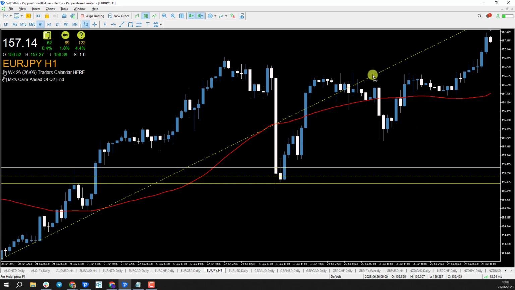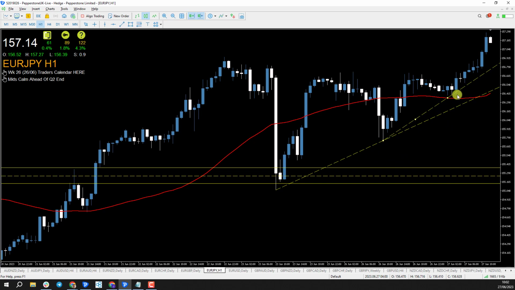Now, what we do have to look out for is what price is doing now. How could we potentially enter this market? Well, we've got trend line supports running through. You can see these trend lines getting a little bit more accelerated here, which is good. We want to be in a strong bullish move. We also have these highs that were used as resistance, which could now turn into support.